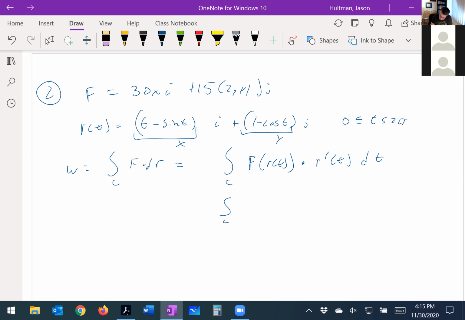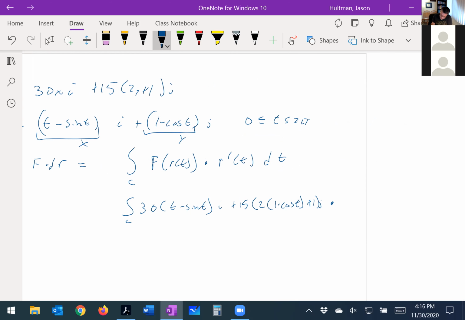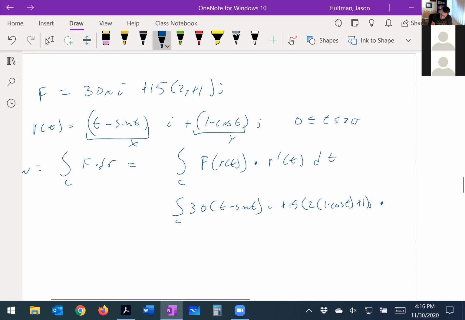So this is going to be 30 times (t minus sine t) i plus 15 times (2 times (1 minus cosine t) plus 1) j. I want to dot that with r prime of t. Well, I don't know what r prime of t is; I have to find that.